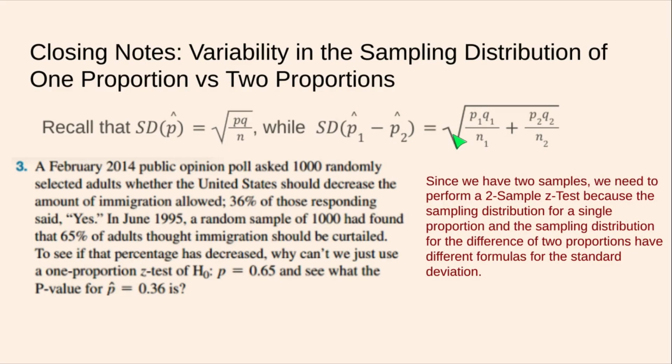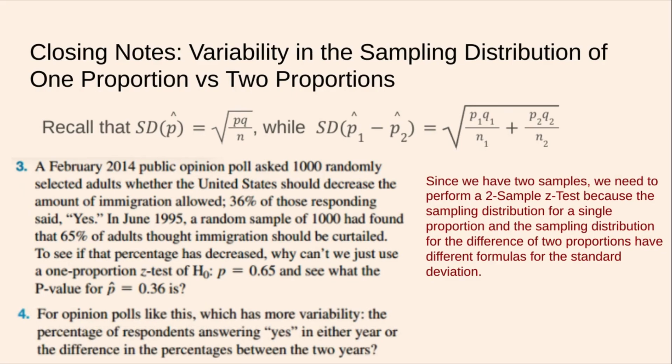So if we were to perform the hypothesis test described here, we would be incorrectly accounting for the variability of the difference of proportions. If you have two proportions and you are comparing them, you cannot use a one proportion z-test. You must use a two proportion z-test, all right? One proportion z-test, two proportion z-test, because the variability is literally quite different.